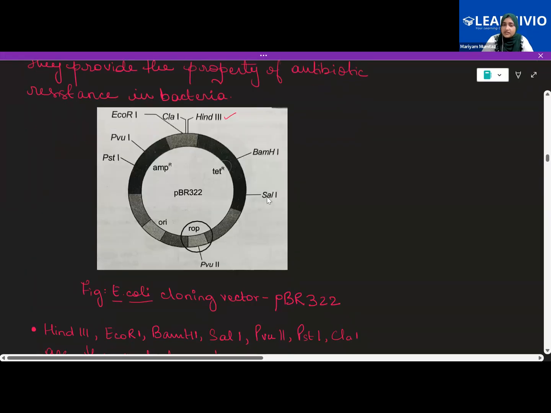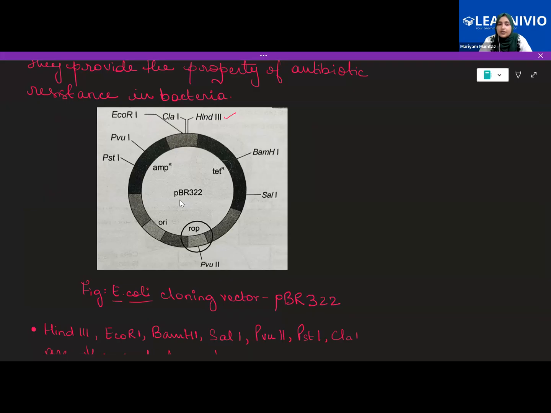Now see, from this particular diagram, this is your artificially made plasmid, pBR322. This diagram gets asked as it is. They'll remove the labelings and ask you to label it, or ask you to draw it. If not, they'll put it in the MCQ part and ask which resistance BamHI confers, which resistance PvuI site confers.